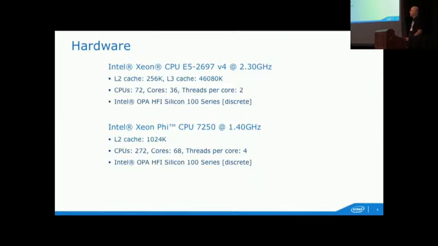But at the same time, the difference in the count of cores is also about twice. So let's look at how this system will behave. This is a client system, and it uses Omnipath fabric as interconnect.